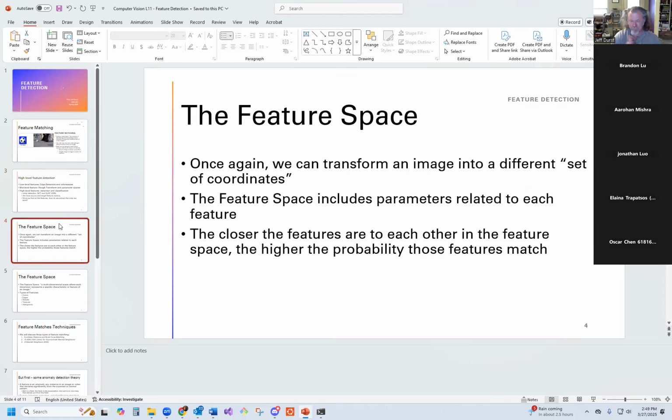So this just goes along with what I was just kind of talking about with this idea of: we work in color spaces for our low level stuff, and we work in parameter spaces for our mid level stuff, and now we're working in the feature space.